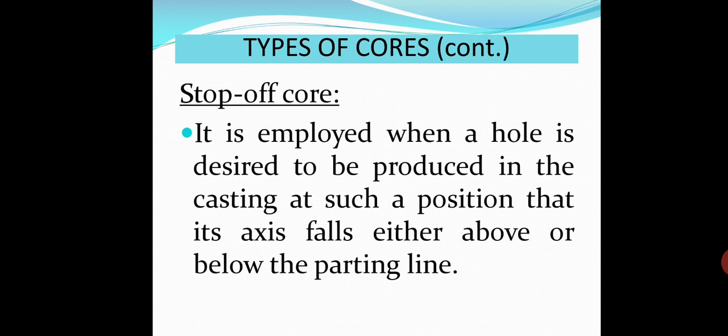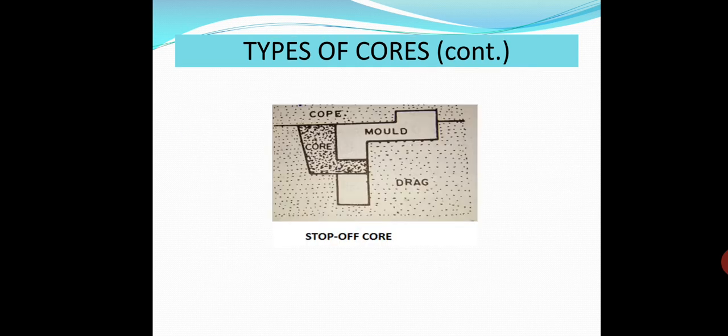It is employed when a hole is desired to be produced in the casting at such a position that its axis falls either above or below the parting line. In all other cases, the axis of the core lies along the parting line. So this is the diagram of a stop-off core, with its axis lying below the parting line.